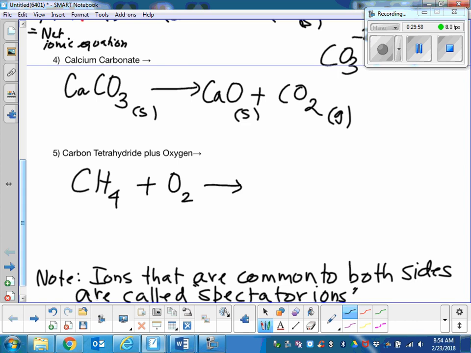Carbon hydrogen containing compounds, we come across a lot of them in our everyday life. If carbon is anywhere from 1 to 8, the number underneath carbon right now is what? 1. If carbon goes anywhere from 1 to 8, it's generally a gas. If carbon goes anywhere from 8 to 16 or so, it's a liquid.